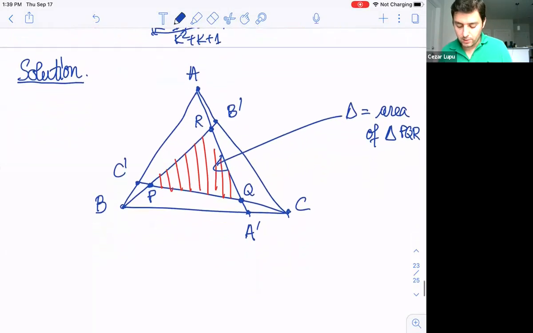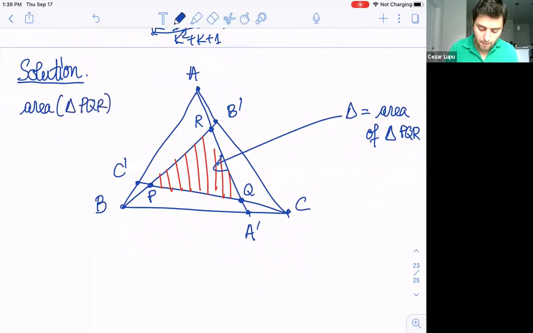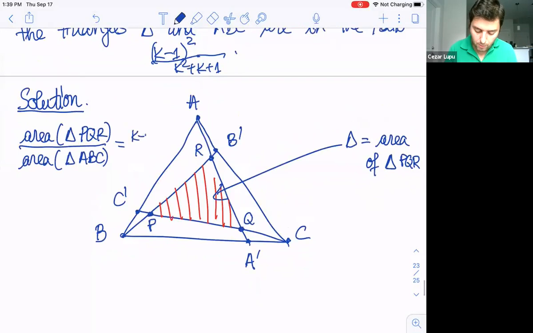So in other words, we need to show that the area of the triangle PQR over the area of the triangle ABC is that ratio over there: (k minus 1) squared over k squared plus k plus 1. That's what we need to show.